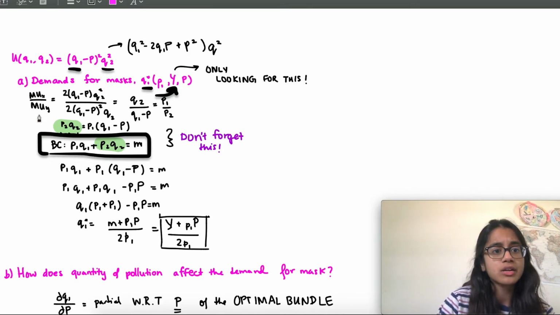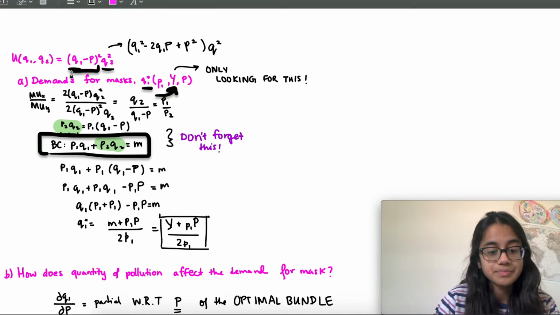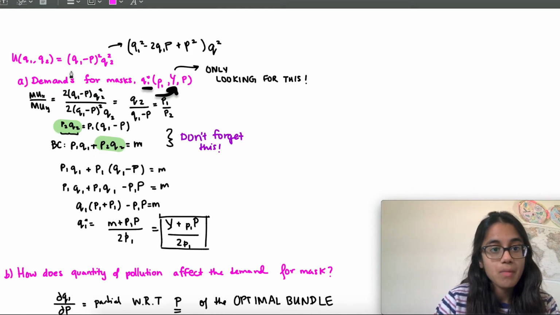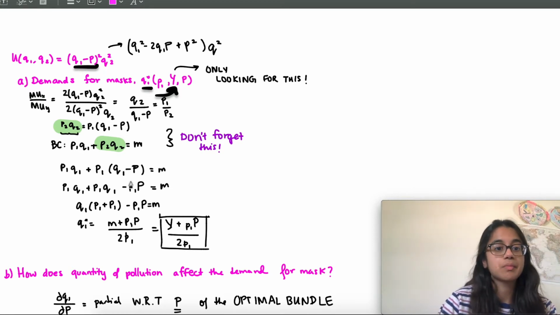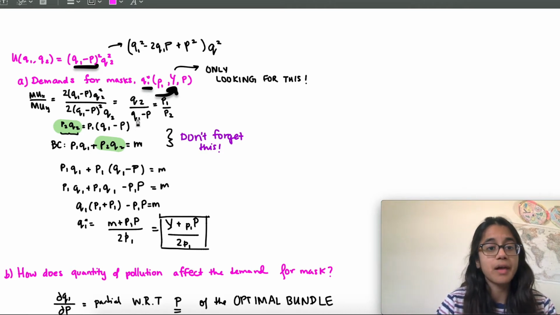Again for MUY, this is the derivative I'm looking at: bring this down, keep what this is because this is our constant, and this becomes Q2. That's where I got that from. So take a minute to solve that.